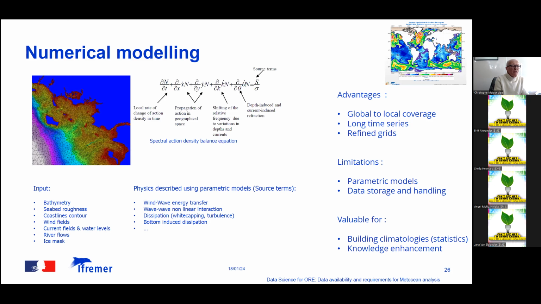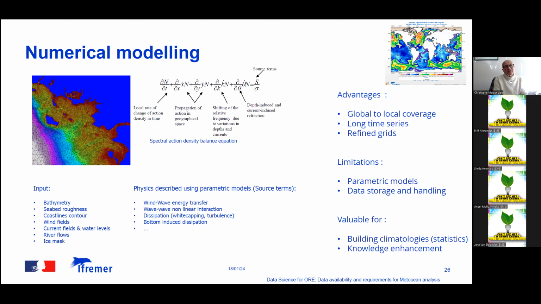The physics in the model is described by parametric models, characterizing, for instance, the energy transfer between wind and waves, or the wave-wave interactions, but also all the energy dissipation. So one issue here is that these models are parametric, so we have to adjust or tune these parameters depending on the input data we provide.